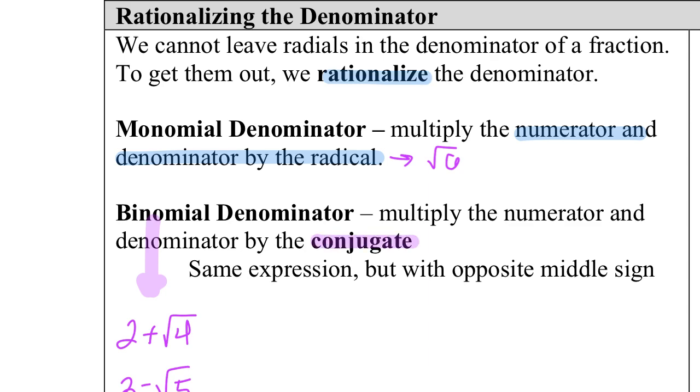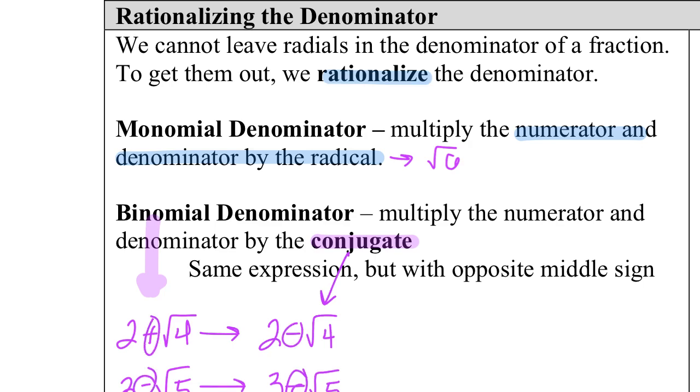The way you find the conjugate is you take the same expression with the opposite middle sign. So for 2 plus square root of 4, your conjugate is 2 minus square root of 4. For 3 minus square root of 5, your conjugate is 3 plus square root of 5. The only difference is the sign in the middle.